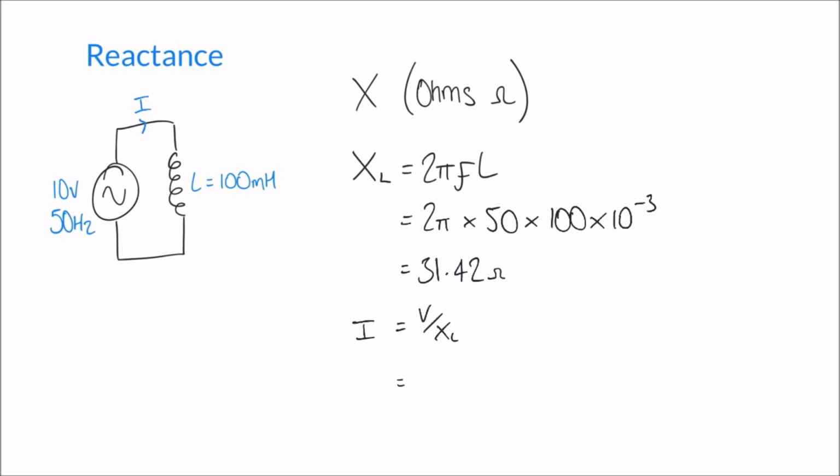And we know that V is 10, and we now know that XL is 31.42. And that gives me a current in this case of 318.26 milliamps, or 0.318 amps.